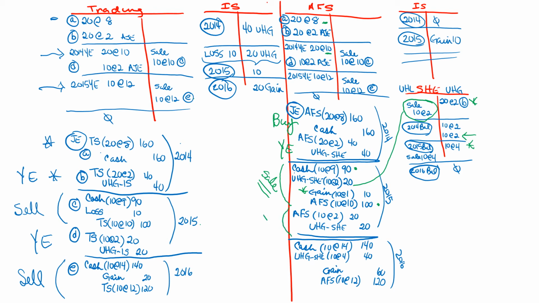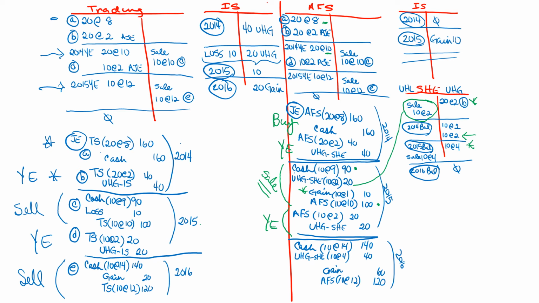And so that's the year-end entry where I debit AFS, credit unrealized holding gain, shareholders' equity for 20. The difference between last year's ending balance of 10 and this year's ending balance of 12.